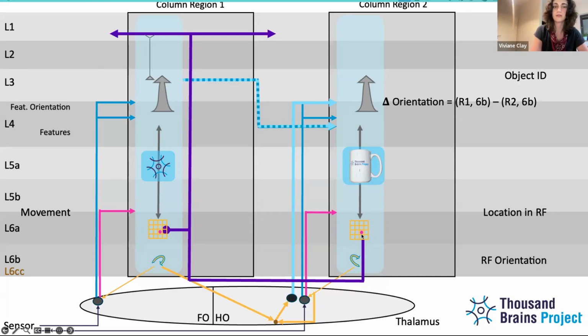It basically says, if I'm here in the cup's reference frame, expect to be at this location in the logo's reference frame. So it might tell it, oh, you're probably on the center dot right now, which will then tell the lower level which features to expect. And then also up here, these apical dendrites from pyramidal cells in layer 3 can get some information about the higher level object that's being detected.